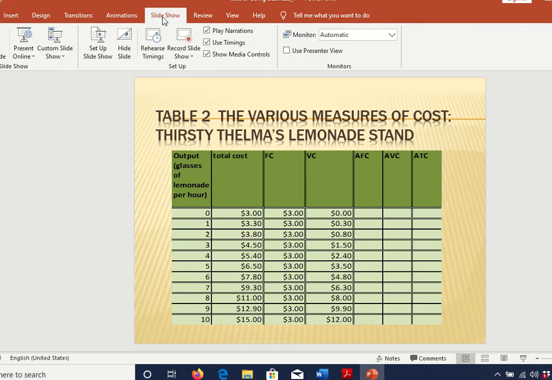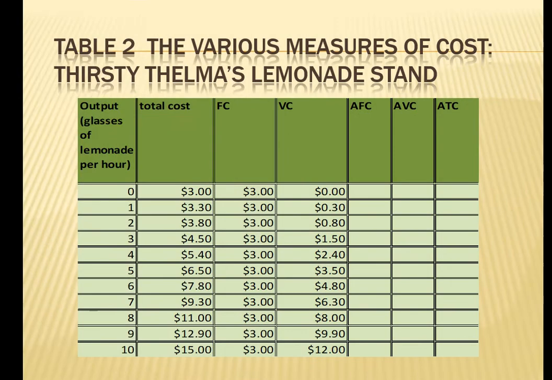I'm going to have you pause the video for about 10 to 15 minutes, so that you can complete the calculation in this example. You are given the first column, output in terms of the number of glasses of lemonade sold an hour, and then the total cost that corresponds to that. When the stand sells one glass of lemonade in an hour, the total cost is $3.30.